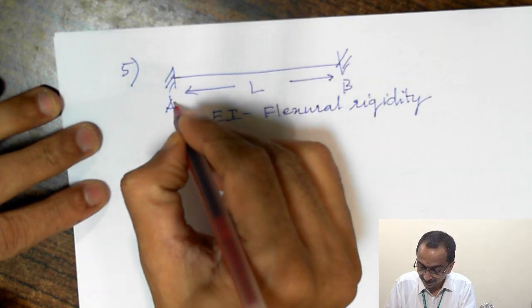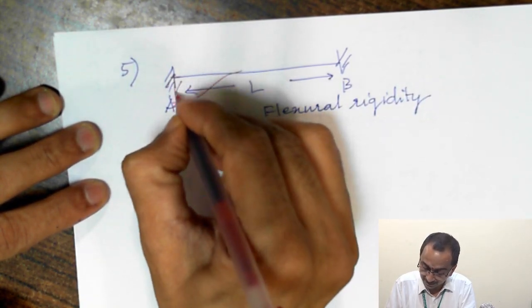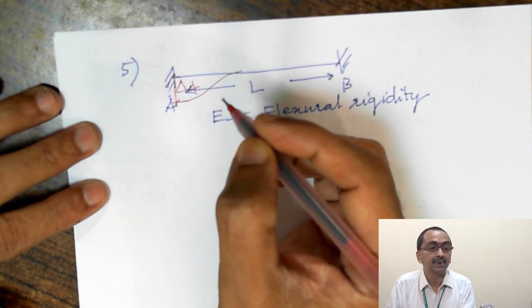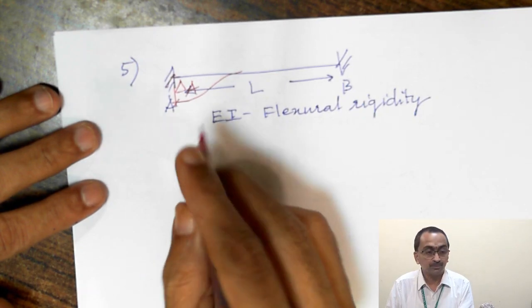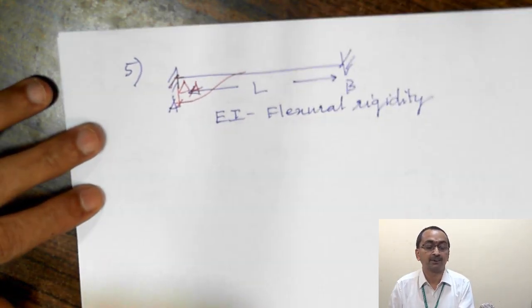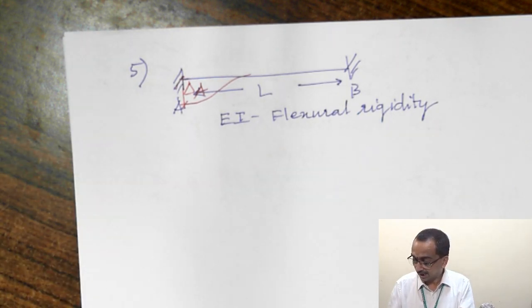End A is fixed. If I displace it downwards like this, if I apply the deflection delta A in downward direction, what are the various forces that will be required to cause this deflection?